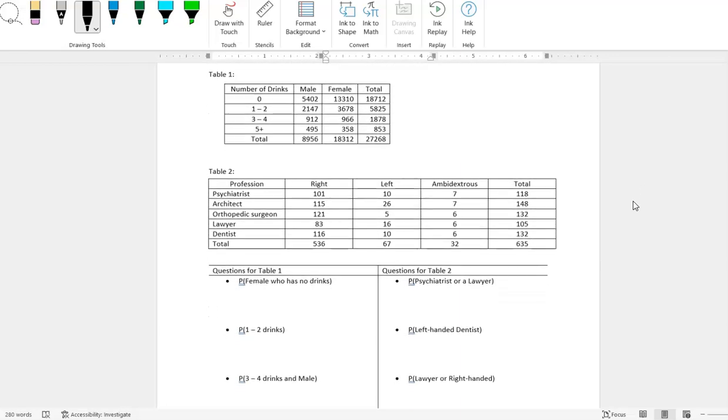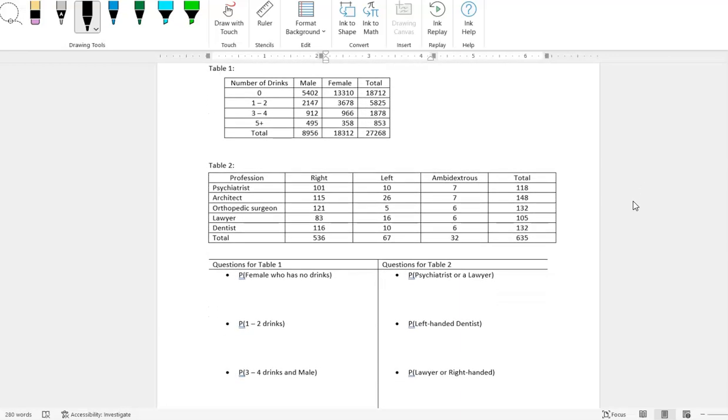So we have table 1 and table 2 here. And we have some questions for table 1 here on the left-hand side. It says here that we want the probability of a female who has no drink. So this is actually an and probability because both things are happening essentially at the same time. They're existing together. So we want to find the females with no drinks.